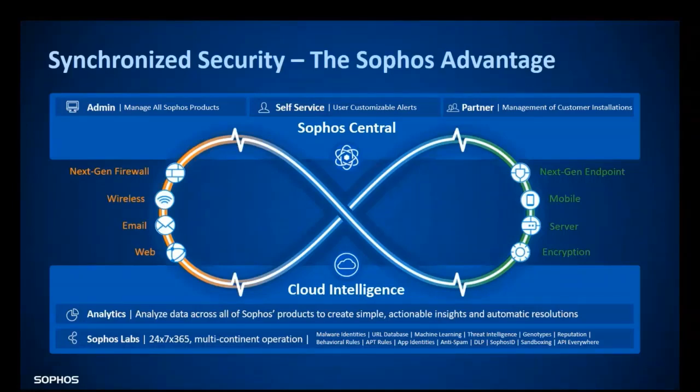Also, the endpoint can isolate itself from other endpoints, which prevents lateral movement, so that the attacker cannot move laterally inside the network and infect others. That's typical with attacks like Emotet, for example. That's the advantage of synchronized security, and it works automatically. Once you have the products, you can enable synchronized security automatically.